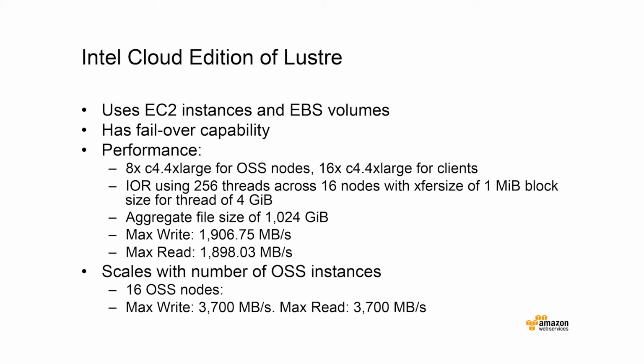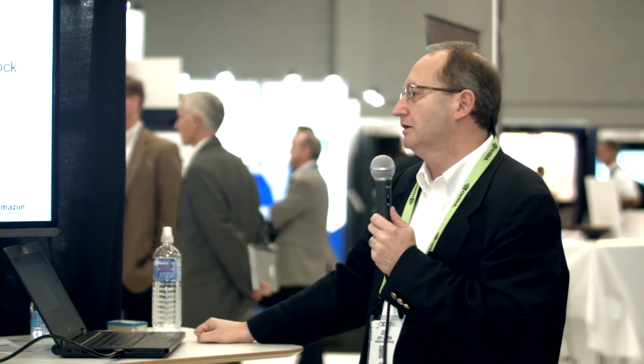So for example, they used 8 OSS nodes and 16 clients, and you can see the details here about the benchmark, IOR. But they ran on a terabyte file and this is 8 OSS nodes, they got just about 2 gigabytes a second writes and about 1.9 gigabytes a second for reads.